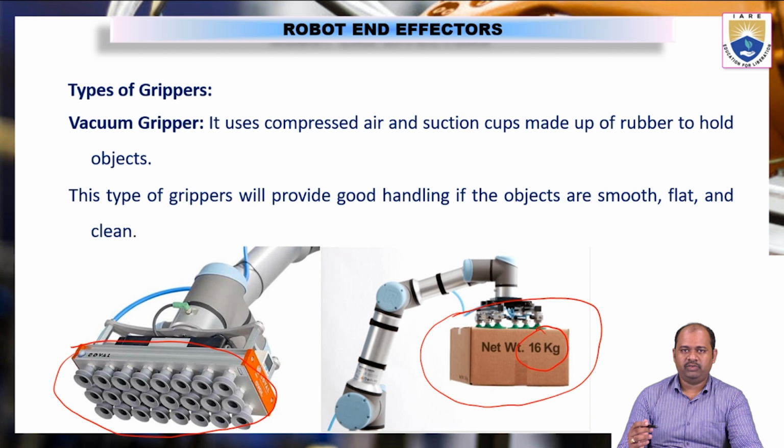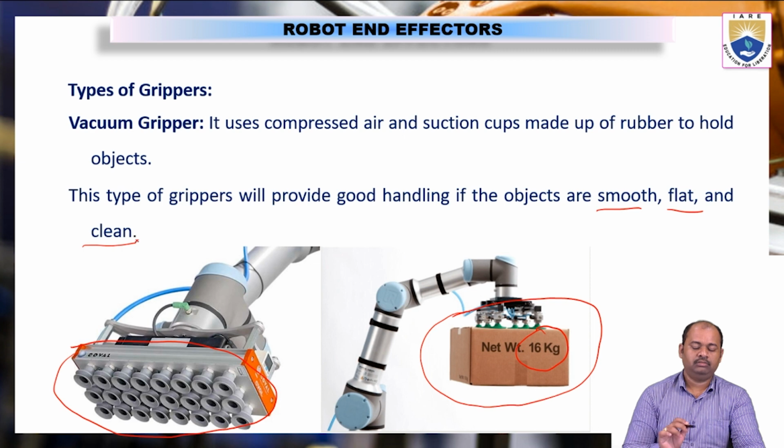Although there are grippers which can carry more load, because we are using suction cups with compressed air, this is a very high value when compared to other grippers. This type of gripper will provide good handling if the objects are smooth, flat and clean.